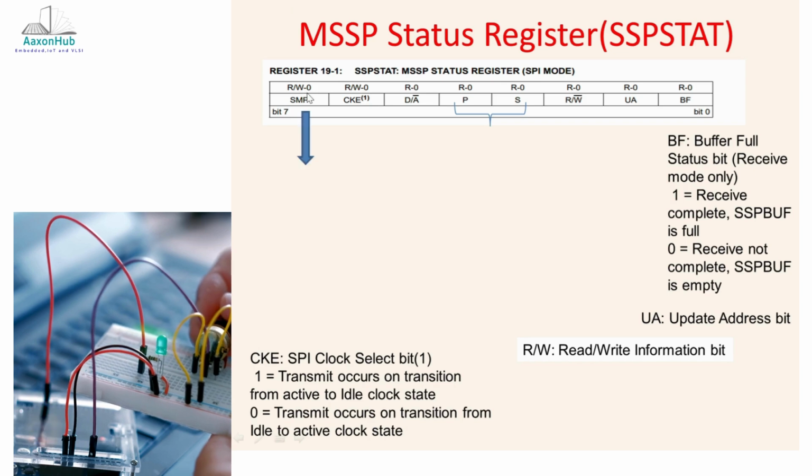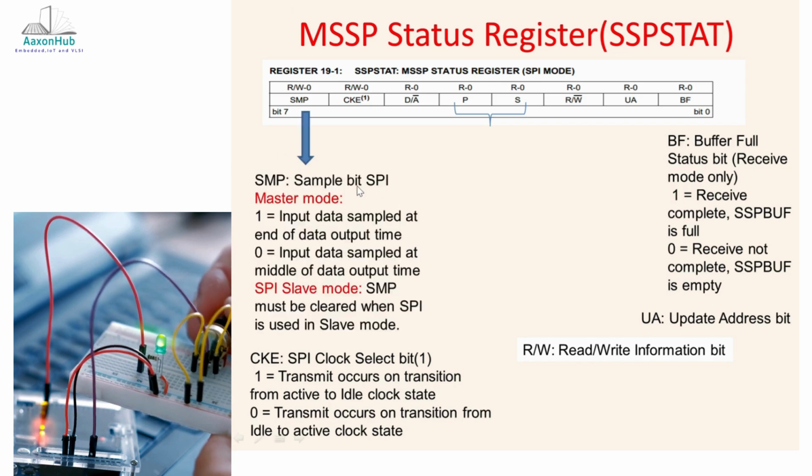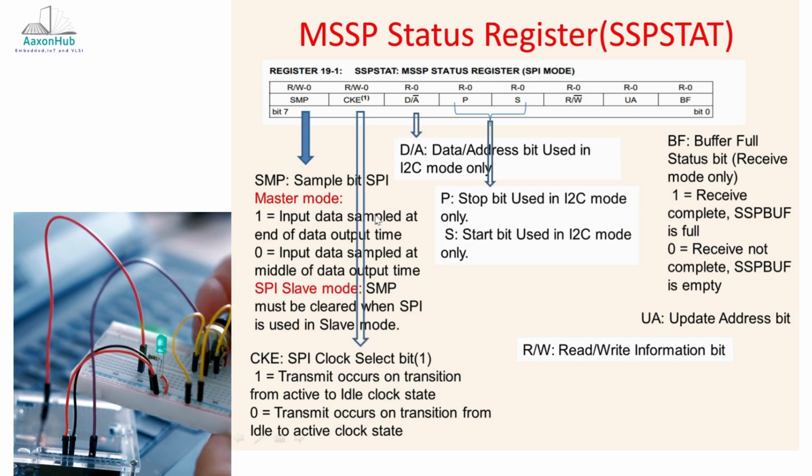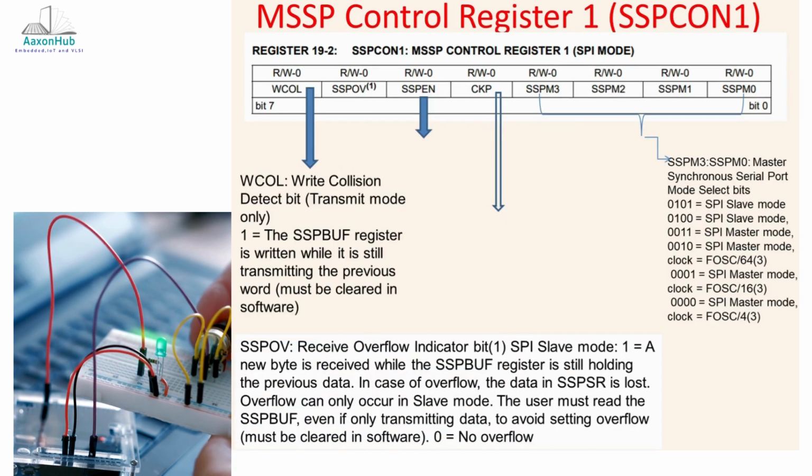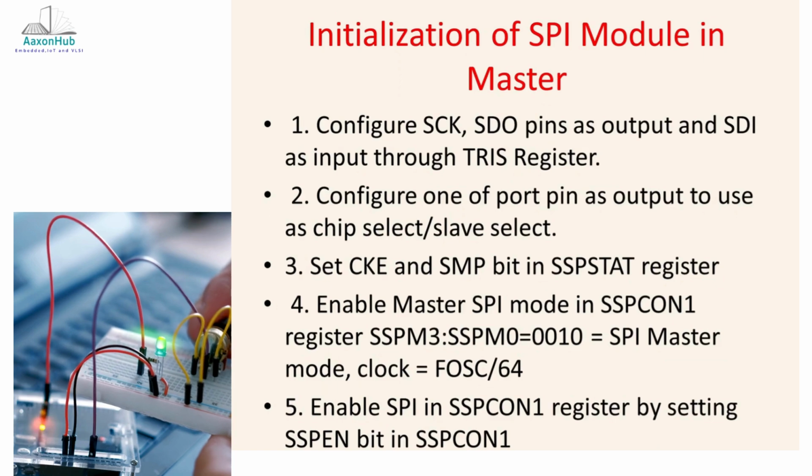Along with that, the SMP bit is the sample bit, within master mode, because here we are initializing the settings for master mode. So for that purpose, in the third step, we need to initialize the CKE bit and SMP bit in the SSPSTAT register.